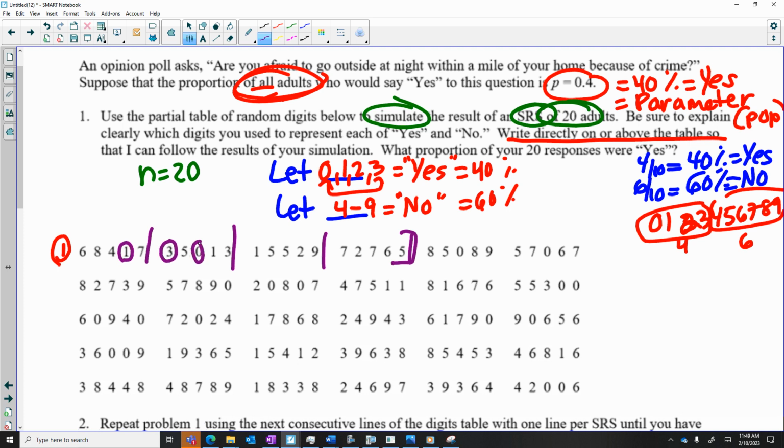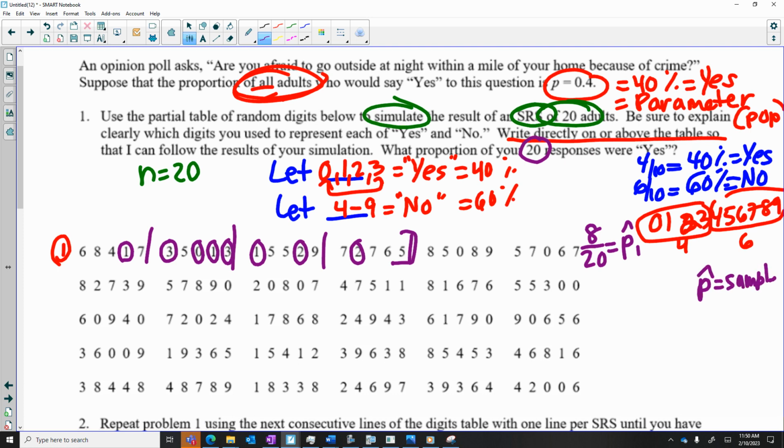2, 3, 4, 5, 6, 7, 8. Let me double check. Okay, it looks like for trial number 1, I had 8 out of 20 digits, because I did 20 digits because n was 20. That's the sample size. And that is going to be my first p hat. So p hat is a sample proportion.